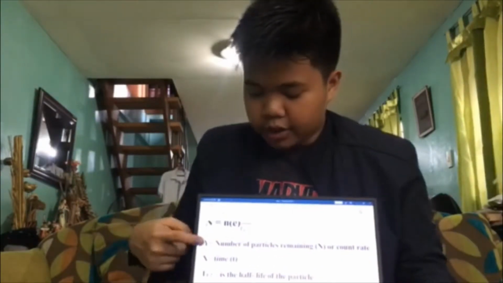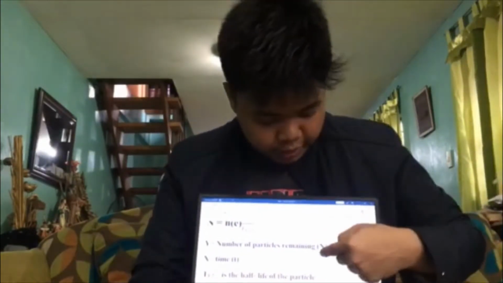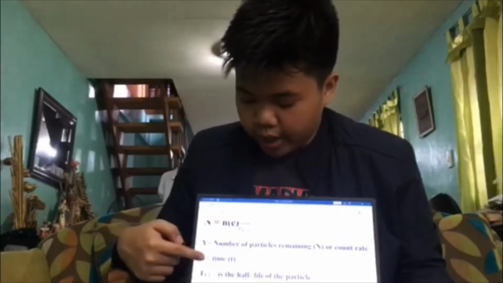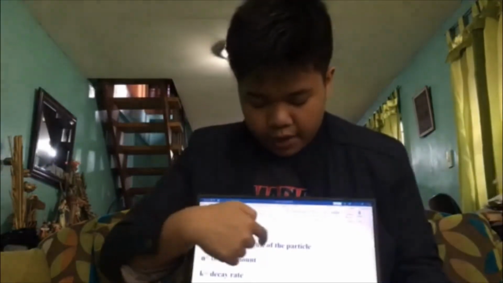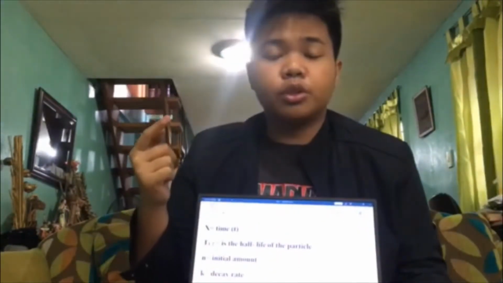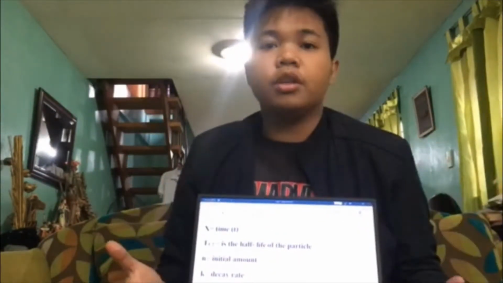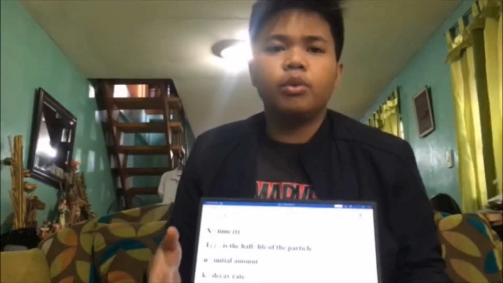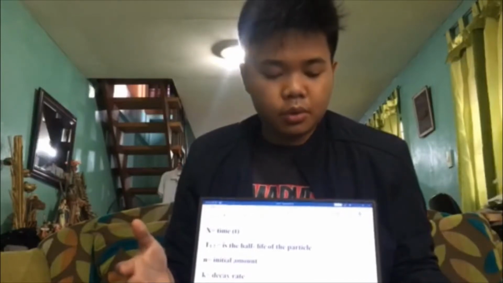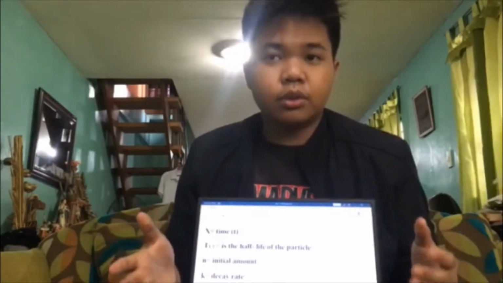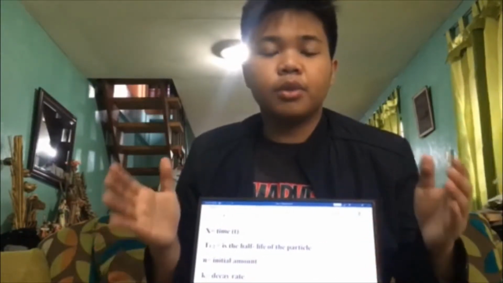Our y here is the number of particles, or the N, and our x is the time. Our t sub 1/2 is the half-life of the particle, which, for us, is the carbon-14 particle, which is related to engineering.